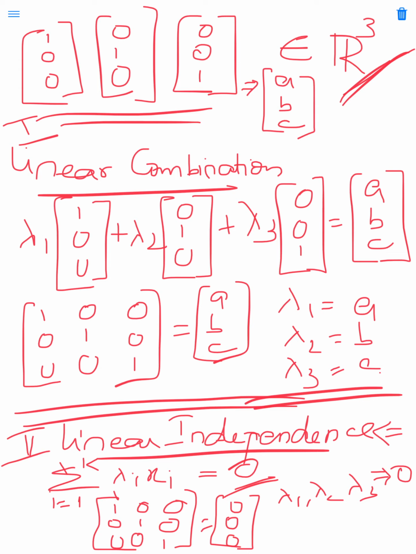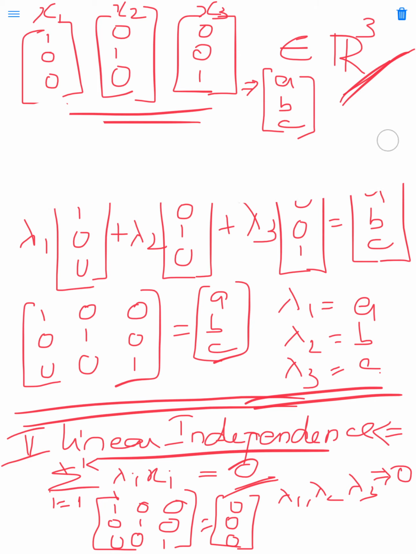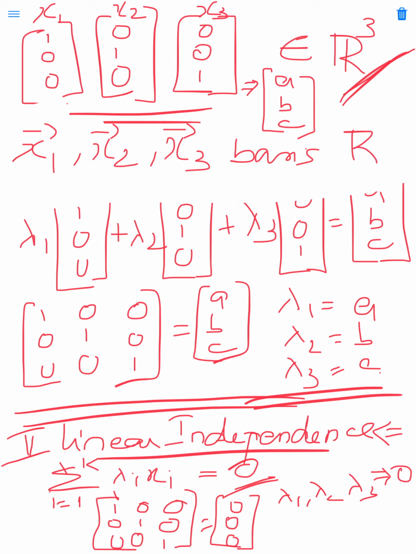So if I consider these vectors as x1, x2 and x3, then we can say that these x1, x2, x3 vectors form the basis of this vector space.